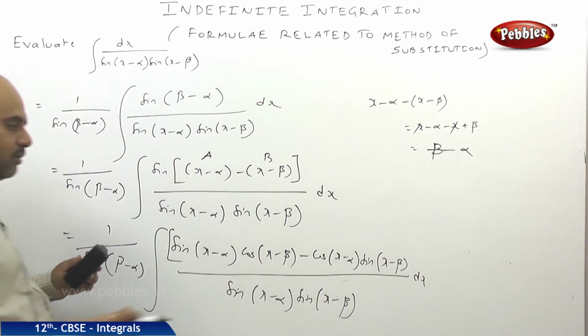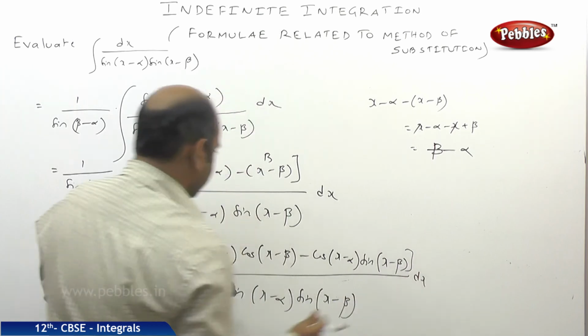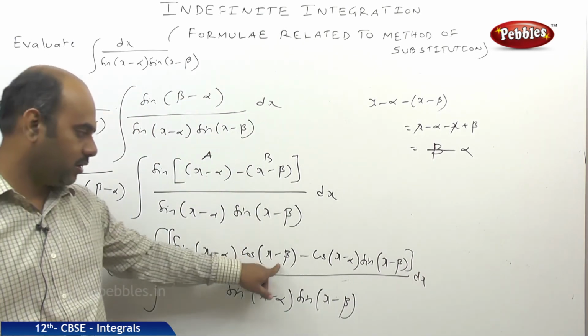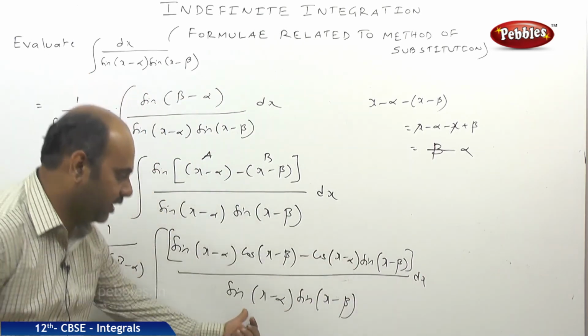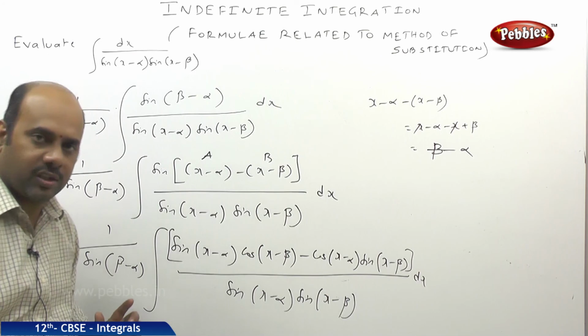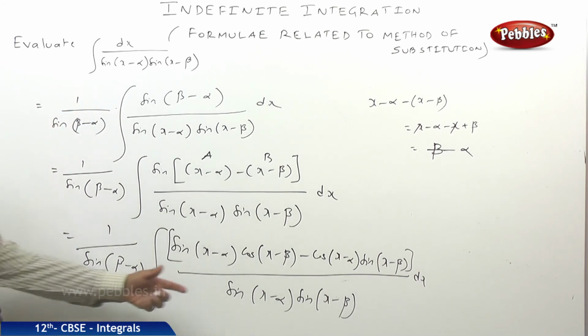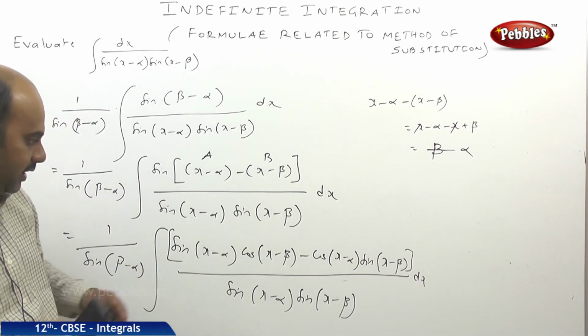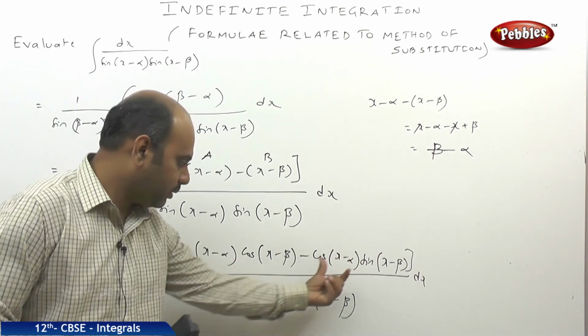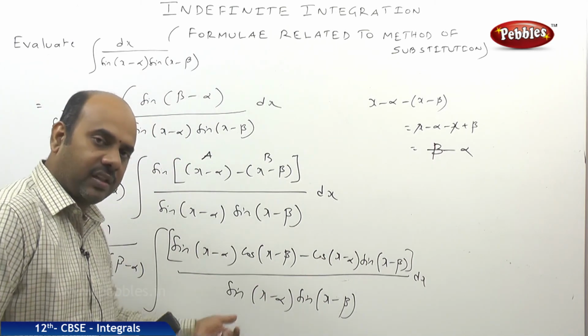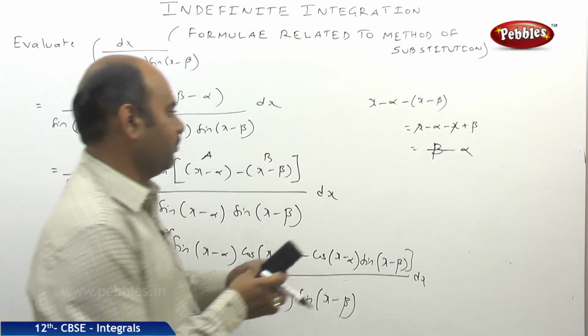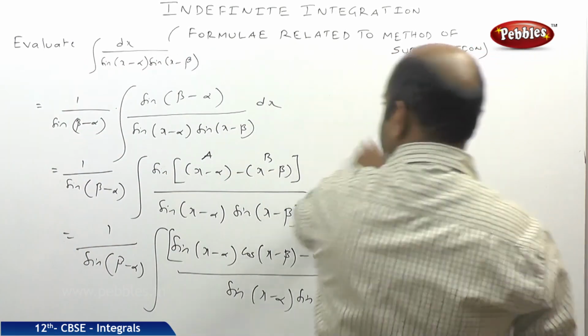So finally what has it turned into? It has turned into sin A cos B minus cos A sin B divided by the denominator. So again it is looking like (A minus B) by C, so I can write it as A by C minus B by C.